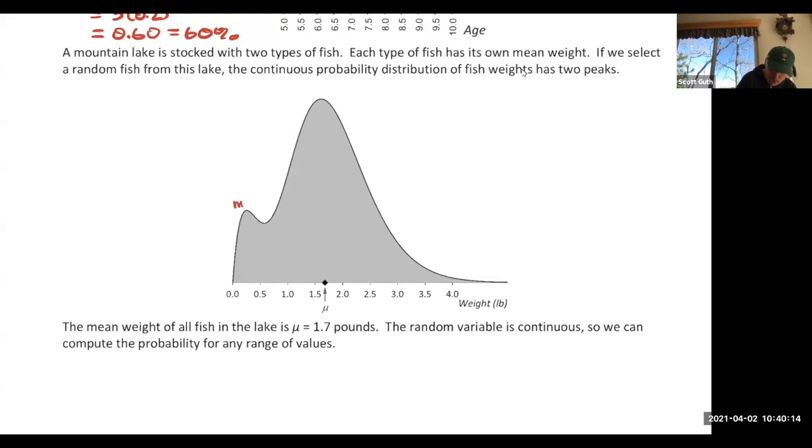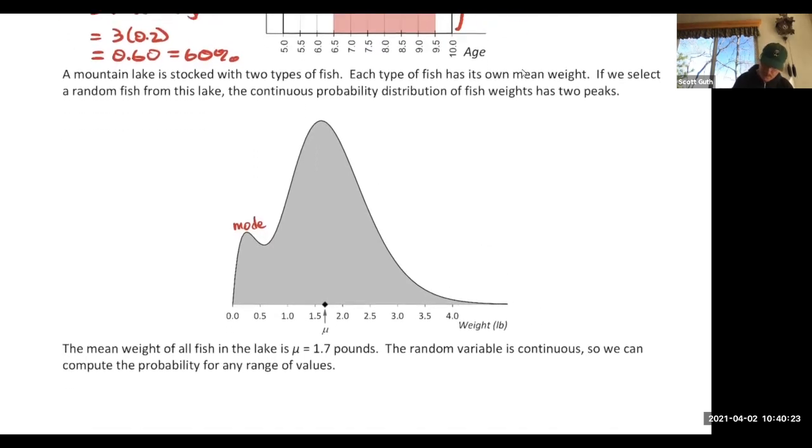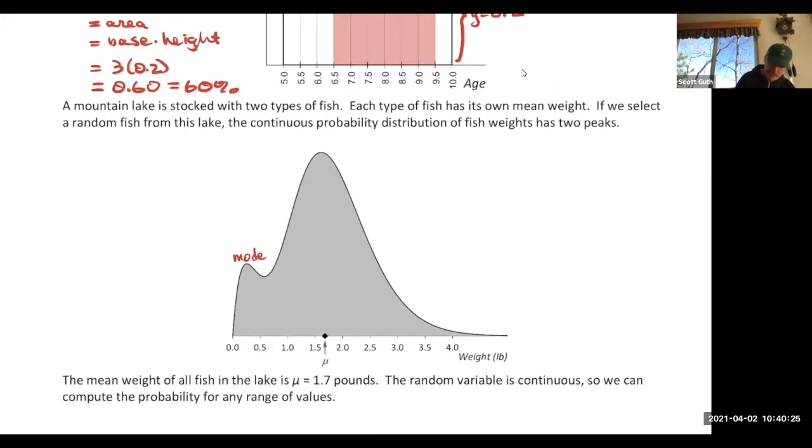Basically, you have a mode here, which is going to be close to the average for the smaller type of fish, which I don't know if I mentioned what type of fish they are. In other handouts, they're called bream, which is a teeny little fish, and bass has its own mode near the average weight for the bass. So with 2 modes or 2 peaks, you end up with a bizarre distribution shape.